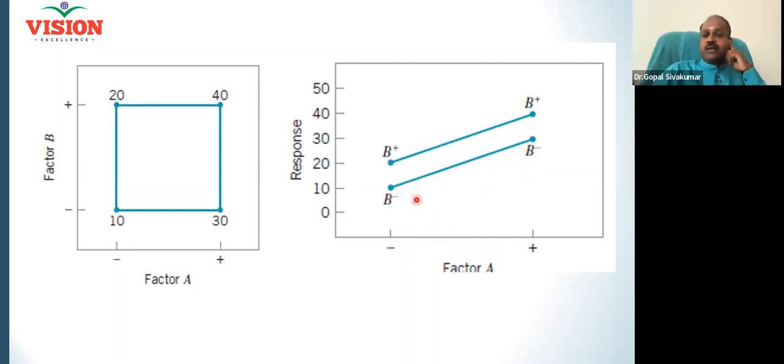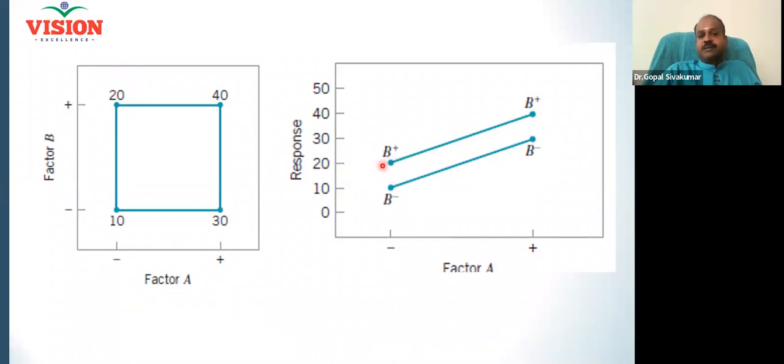Now, once again, let us vary A from low to high. A is low, B is high. Tell me what is the experimental output from the left side diagram? The experimental output is 20.